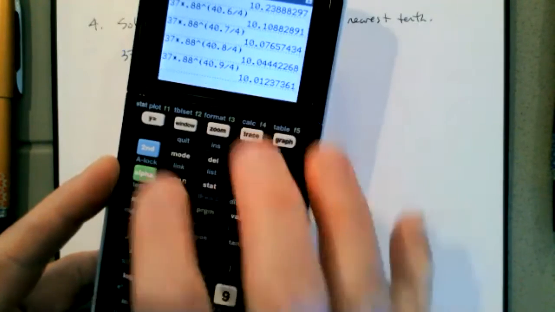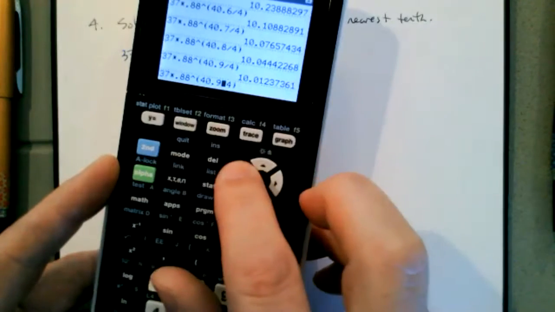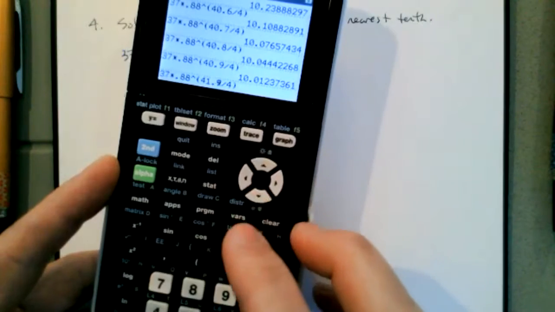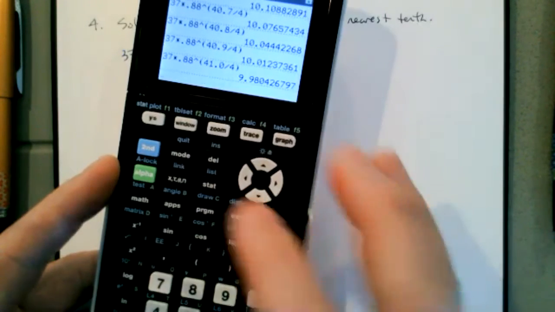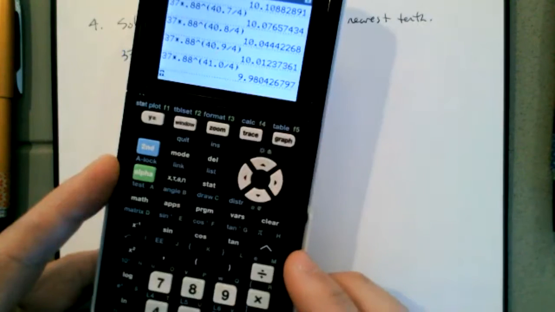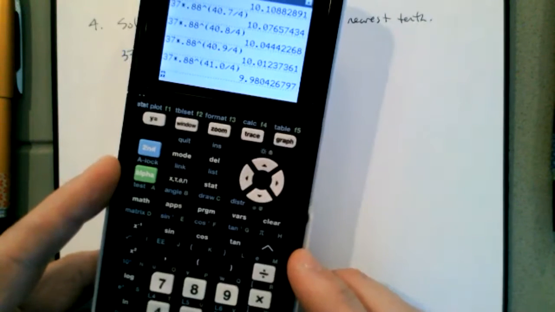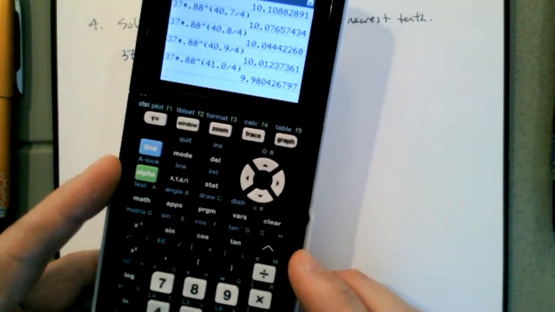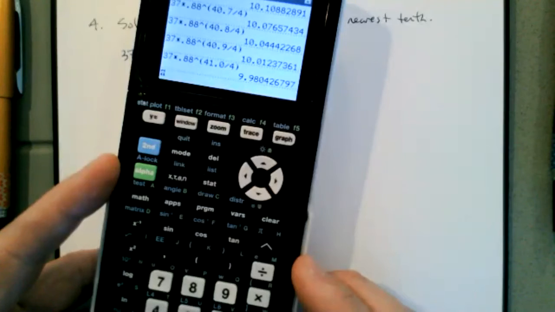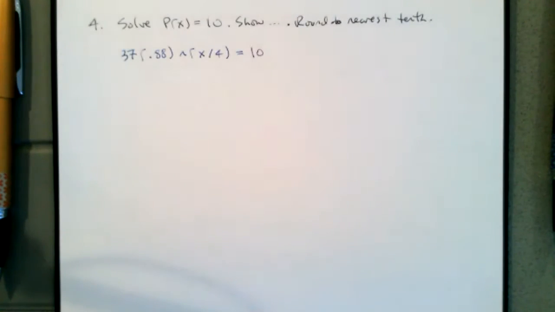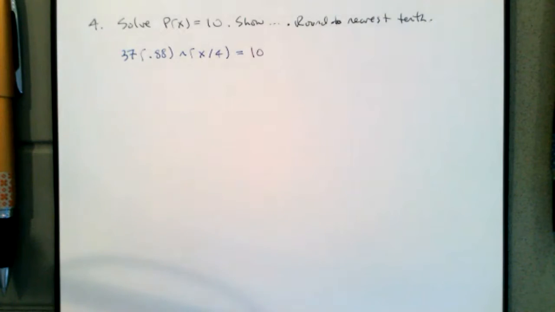So it looks like it's between 40.9 and 41.0. And if it's the nearest tenth, then we just have to figure out which one is closer. 10.01 is 1/100th away. 9.98 is 2/100ths away. So we could just zero in. So guess and check, that went pretty fast.